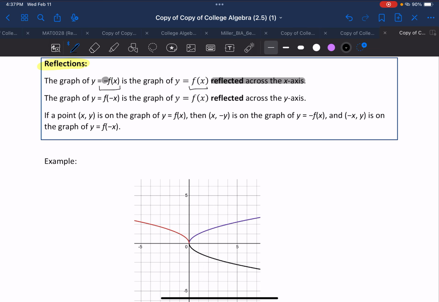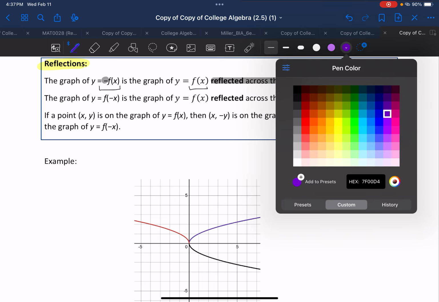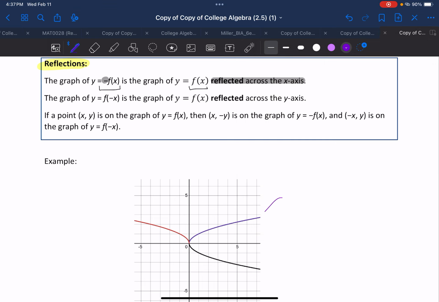So let's look at this example. Here, the base graph is the one in purple. And that base graph is the square root function, square root of x. That's what you see in purple here, just that part.